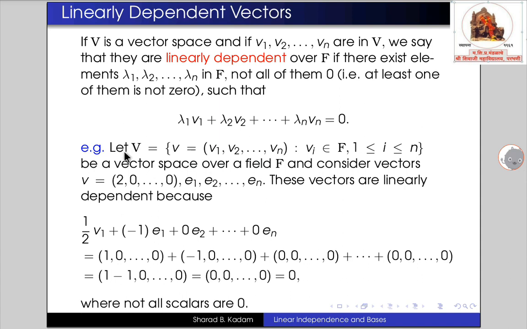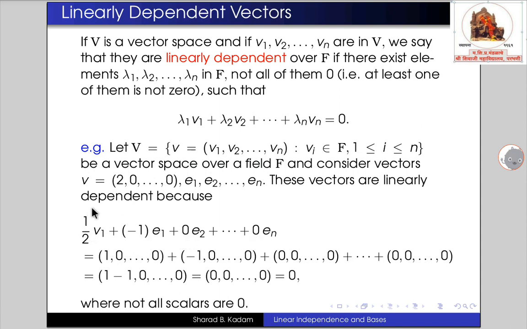For example, we consider the same vector space over the field F, and consider vectors V whose first component is 2 and rest components are 0, E1, E2, En. Then these vectors are linearly dependent, because we can take a linear combination equal to 0. For example, we multiply this vector V by half, E1 by minus 1, and E2, En all by 0.